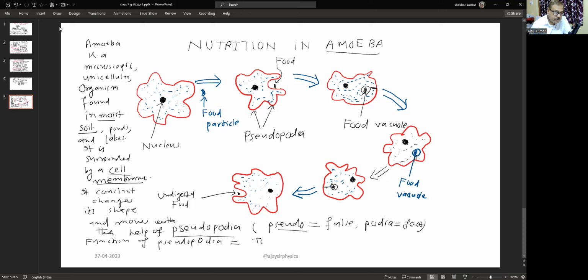To capture food material for the amoeba. This is a very important point. Now you come to know about it. In the next page we will write more functions about it.